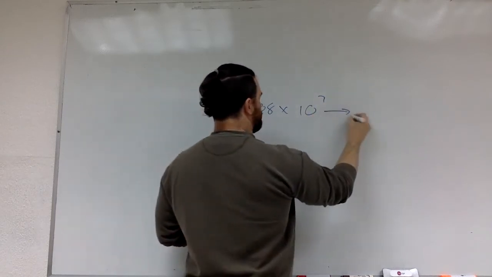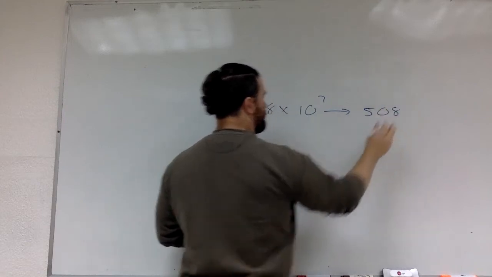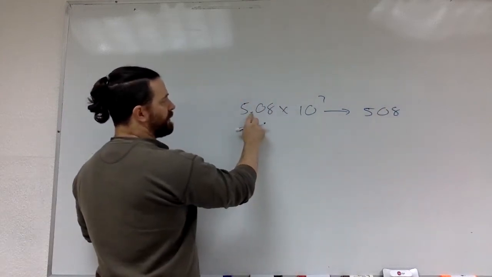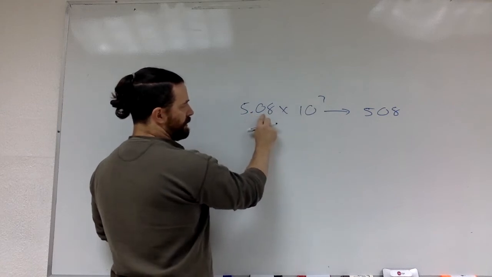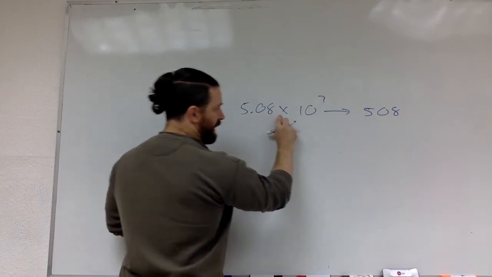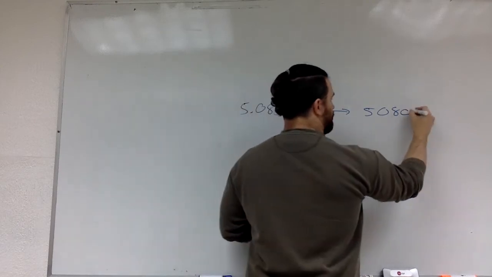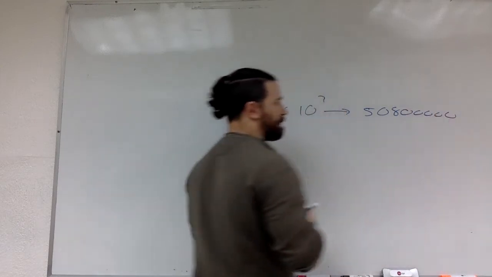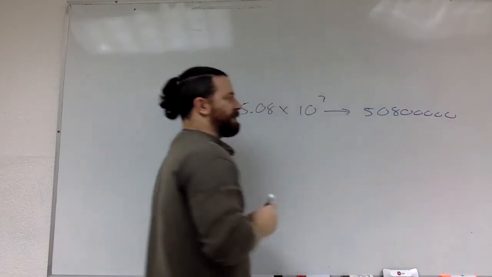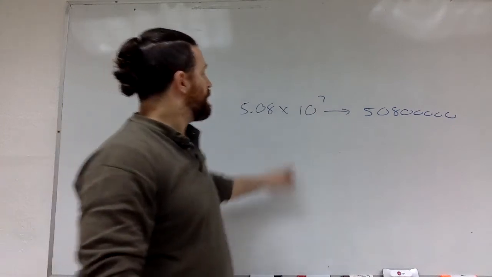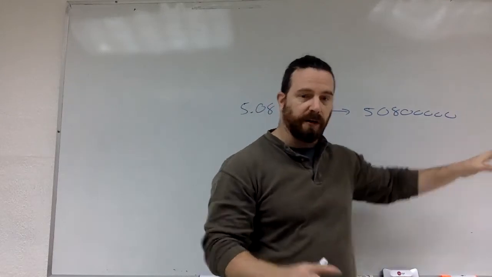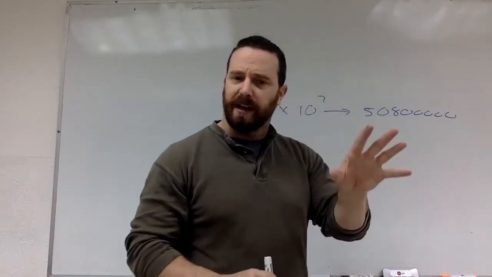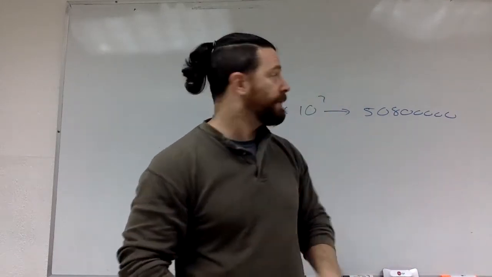So if I have 508, starting from here, if I move the decimal 7 places, it's 1, 2, and then 5 more places, so 5 zeros. Before I put my commas in, make sure everyone understood that. Just because this is a 7, it didn't mean I put 7 zeros, all right? That's not the process. If that's what you're getting out of this, pay attention again.